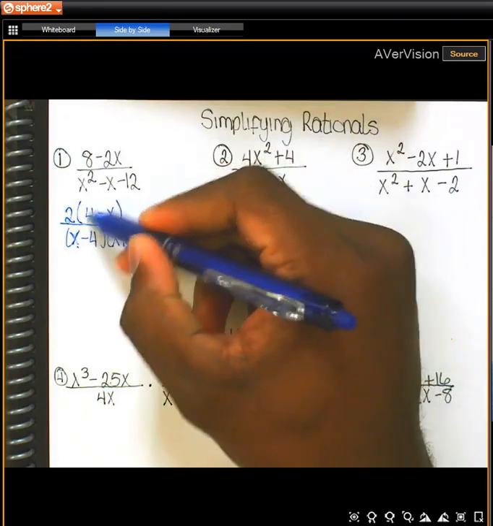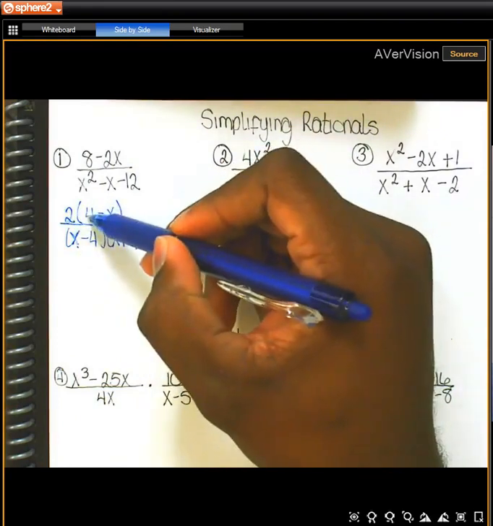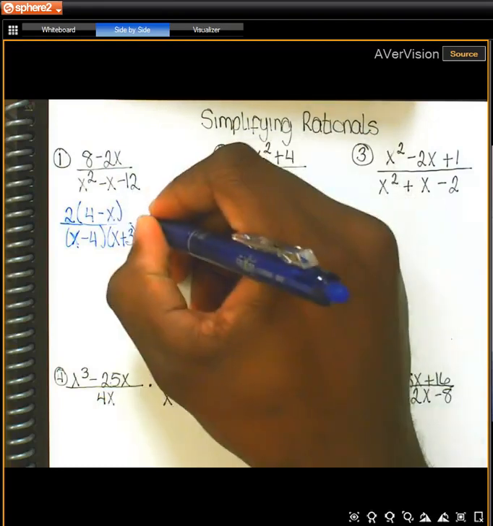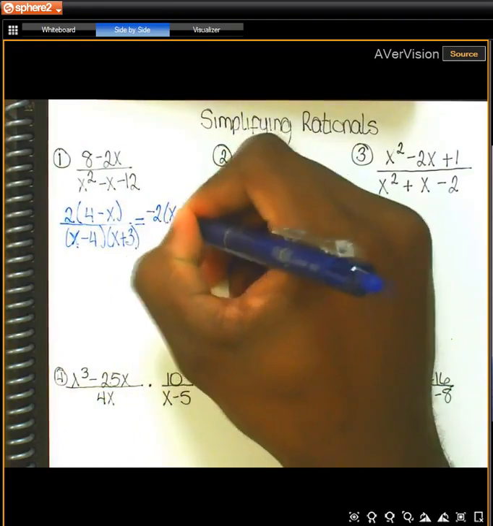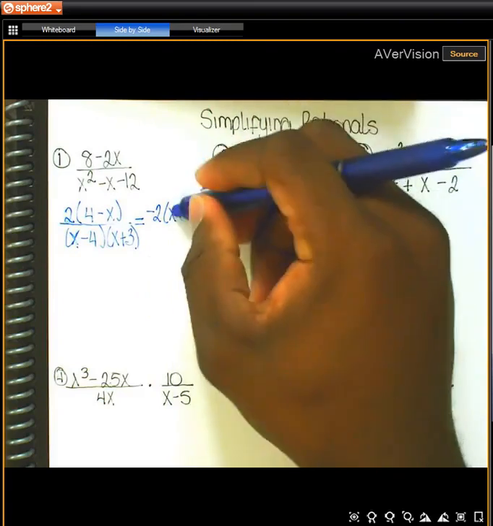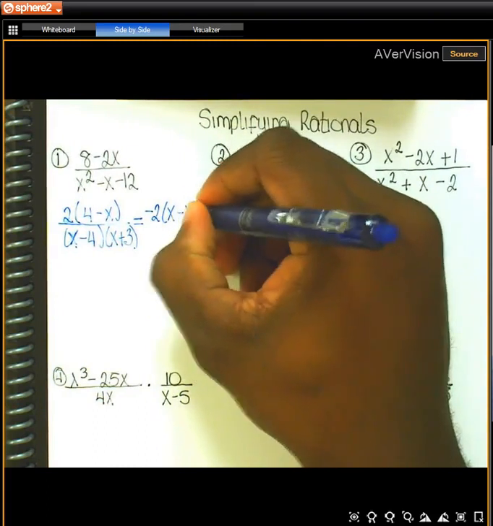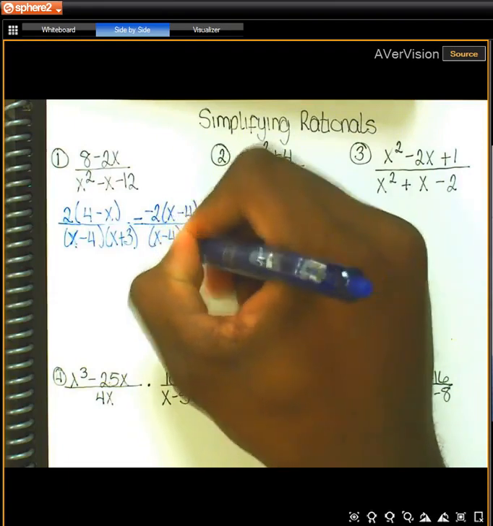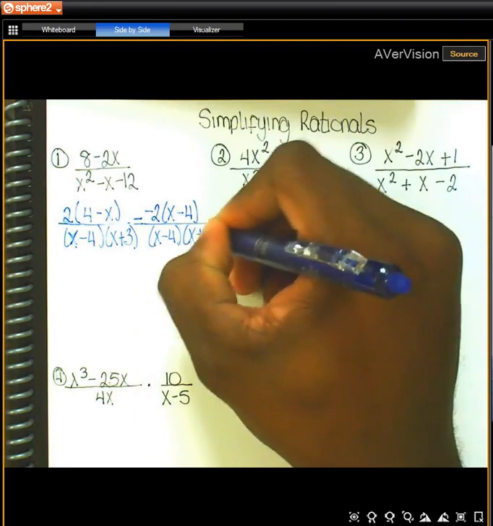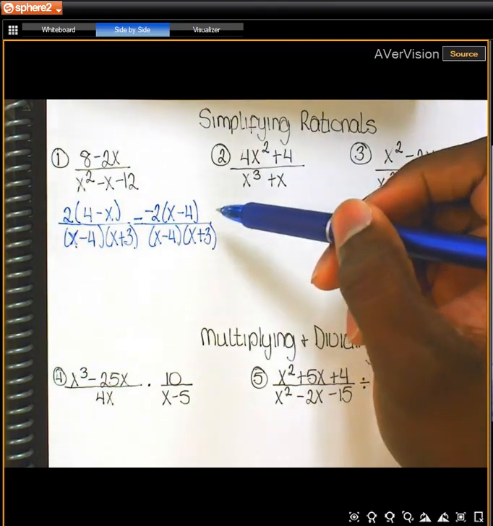What if we factor out a negative from here? If we factor out a negative, the 4 becomes negative and the x becomes positive, right? Does that step make sense? Okay.